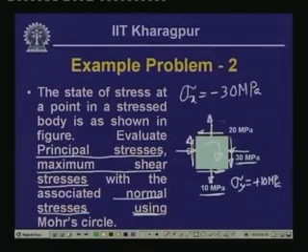Now, if we try to represent this in the Mohr circle, then let us see how it looks like. So, this is the reference axis system, and as we have defined earlier, this is sigma positive, this is negative sigma, this is positive tau, and this direction is negative tau. Now, on the x plane we have sigma x as minus 30 MPa, so it is in this direction, and tau xy as minus 20, so this is here.